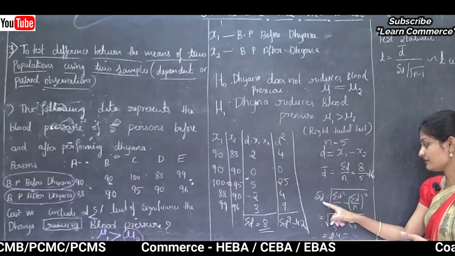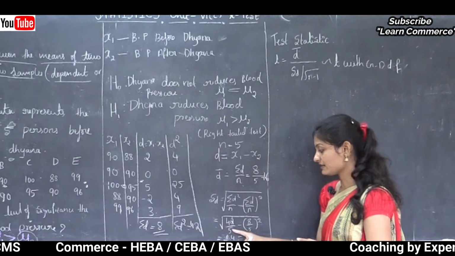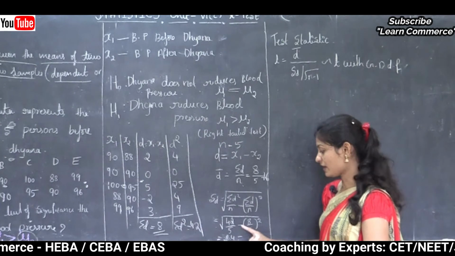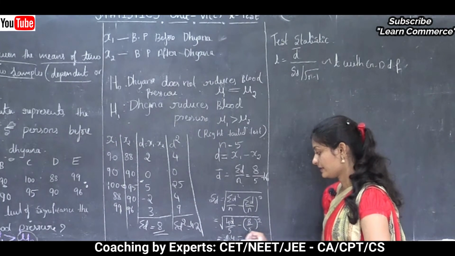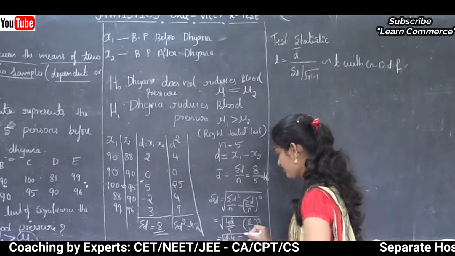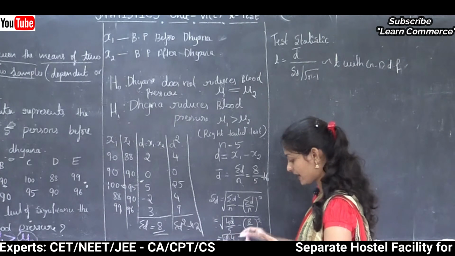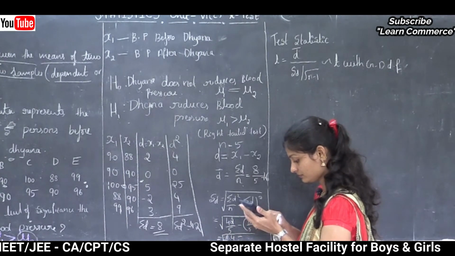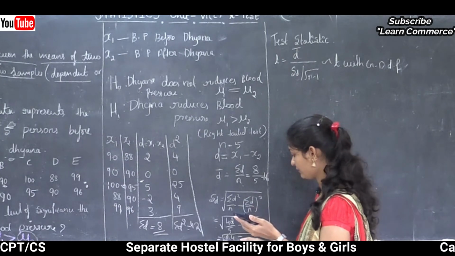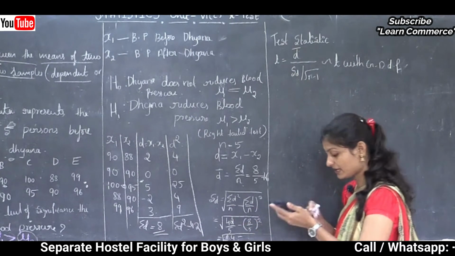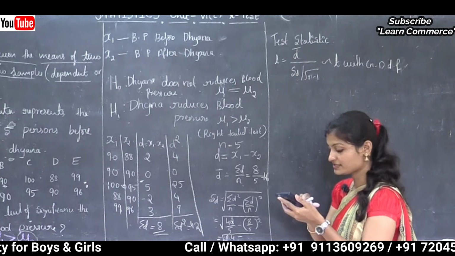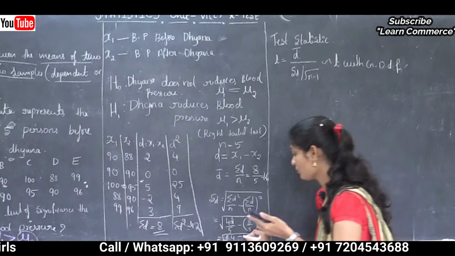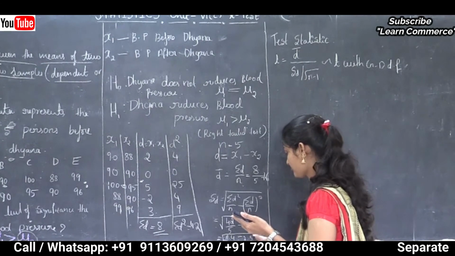Then the standard deviation is the square root of 42 divided by 5 minus (8 divided by 5) whole square. Here 42 divided by 5 is 8.4. Then 8 by 5 is 1.6, and 1.6 whole square is 2.56.